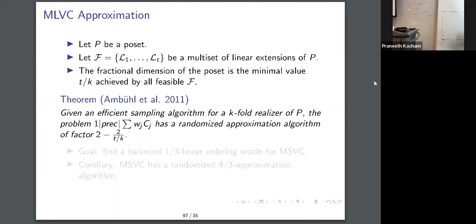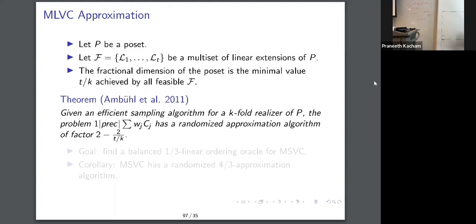If we have a set of orderings like 1, 2, 3, and the other one 2, 1, 3, such that 1 and 2, which are non-comparable, appear in both orders, then the number of orderings is going to be this dimension. The problem had a 2 minus 2 over d plus 1 approximation, something like that, already.